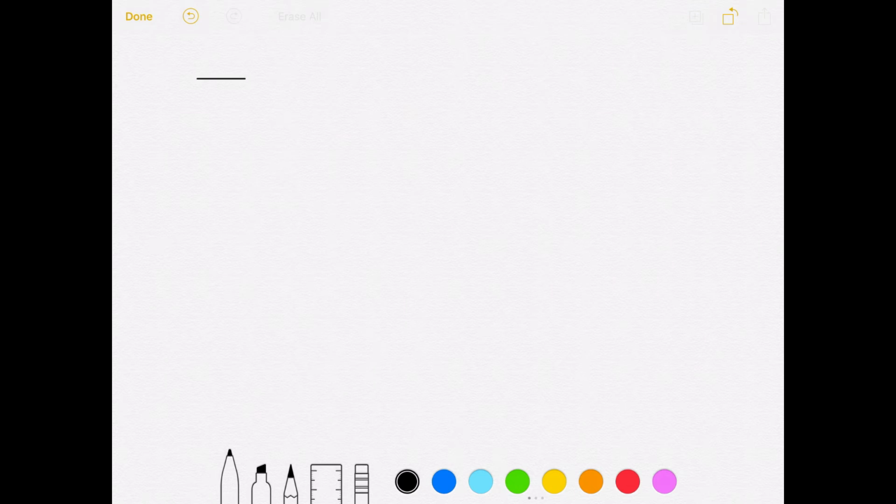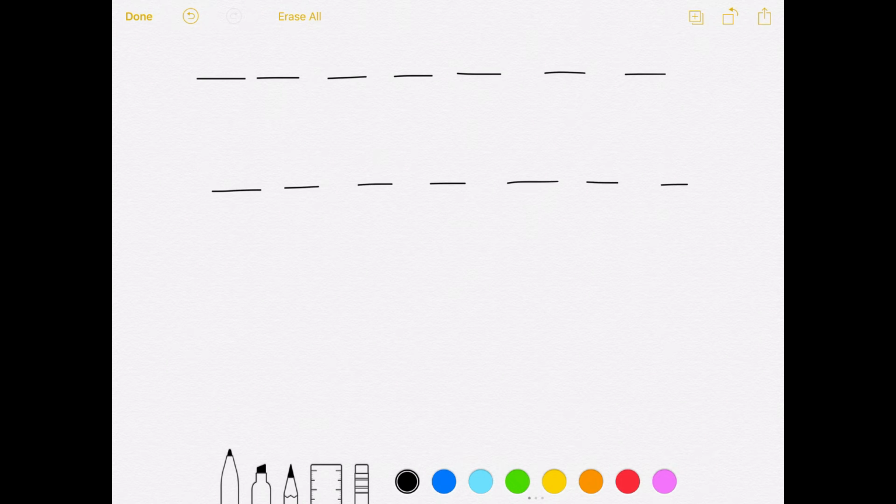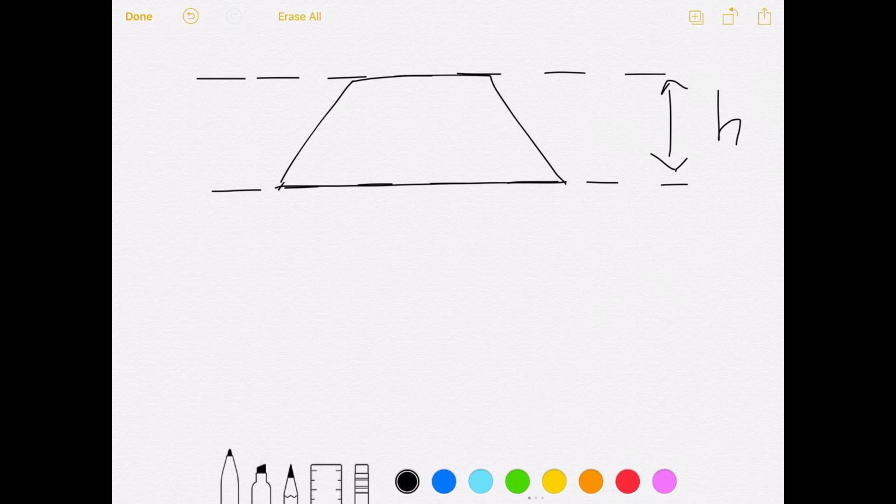So let me draw 2 parallel lines over here, between which we will draw our trapezium like this. This is our trapezium, right? And let this perpendicular height between the 2 parallel lines be equal to h.